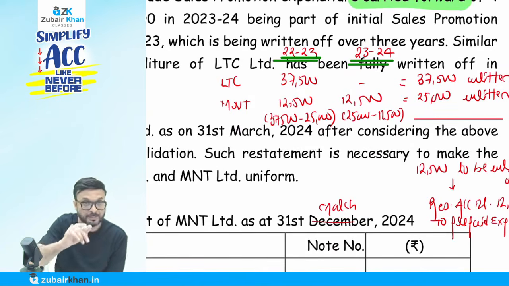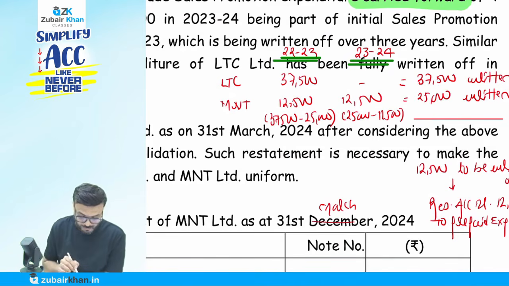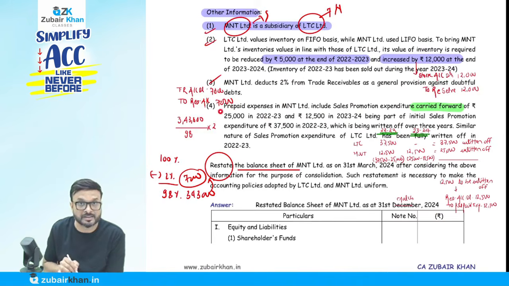If I type in the calculator, 37,500 is the total sales promotion expense. Written off over 3 years, divided by 3, every year 12,500. So 37,500 was the balance at the start, and every year they write off 12,500. That is what they mentioned in the question: that year, 25,000 was the balance there.